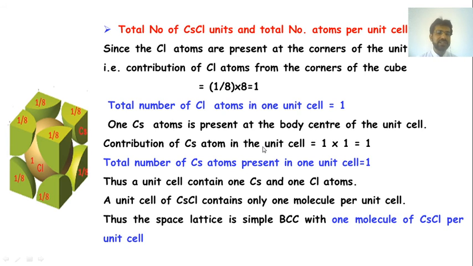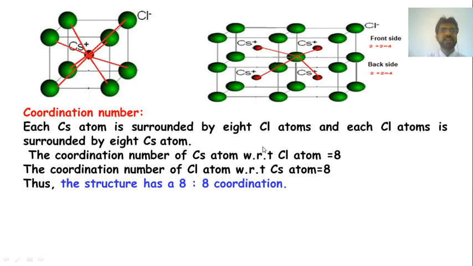Thus, the space lattice is simply a BCC with one molecule of CsCl present in the unit cell. Therefore, you have to remember, in the CsCl structure, there is only one molecule of CsCl in one unit cell, and one Cs and one Cl atom are present in one unit cell.